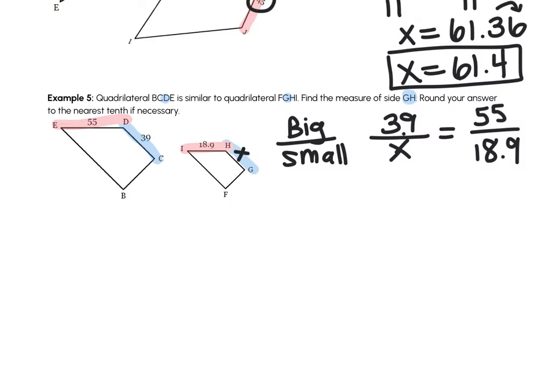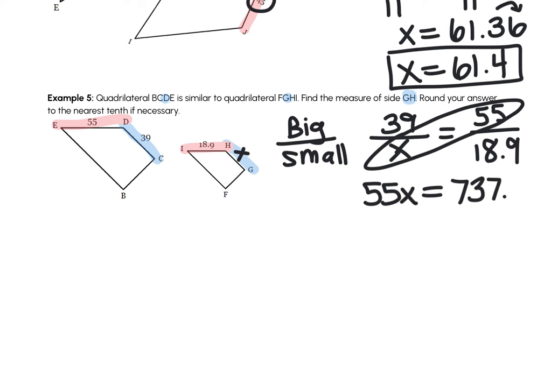From here, we cross multiply, 55x, and then 39 times 18.9 is 737.1. Divide to get my answer.